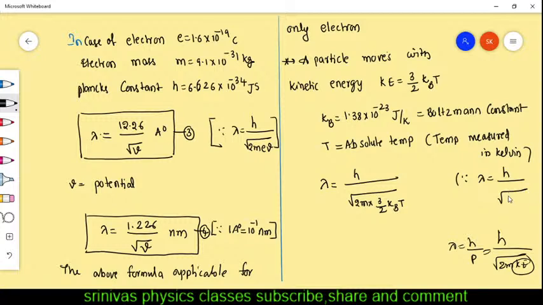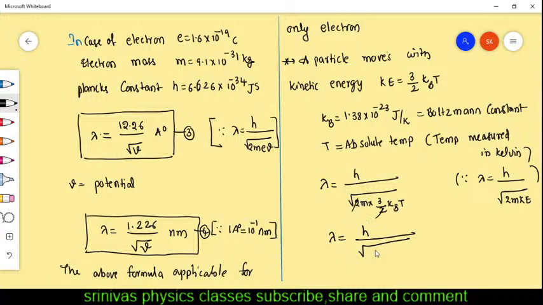I don't remember, you can check yourself. I'm writing the direct formula. You simplify it. Then what are you getting? Lambda is equal to h by under root of what? This 2 gets cancelled, then we will get 3m kBT. Where m is the mass of the particle, moving under temperature T. That is its wavelength.